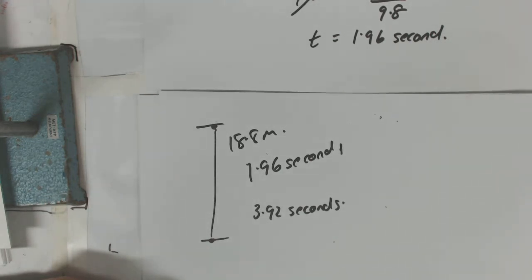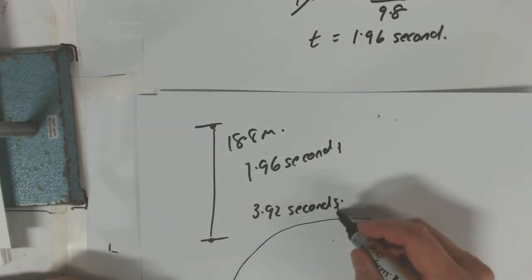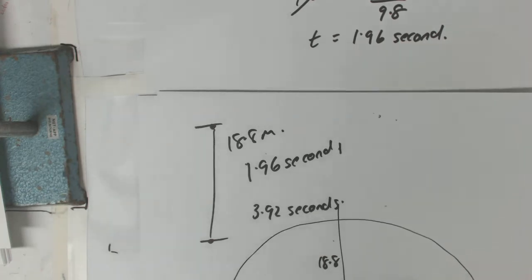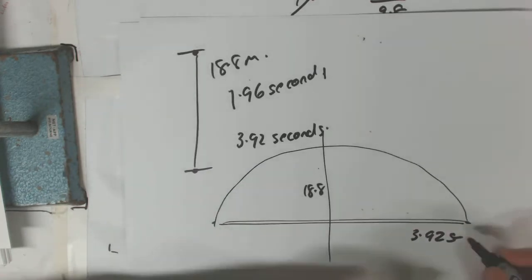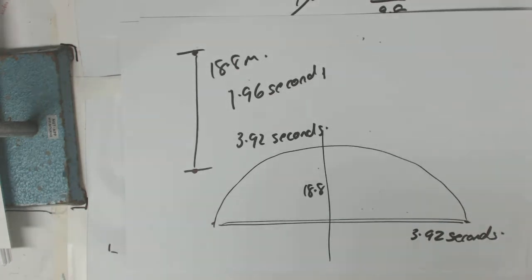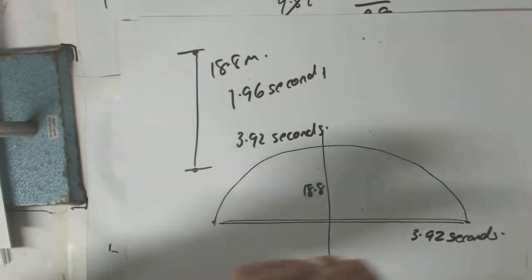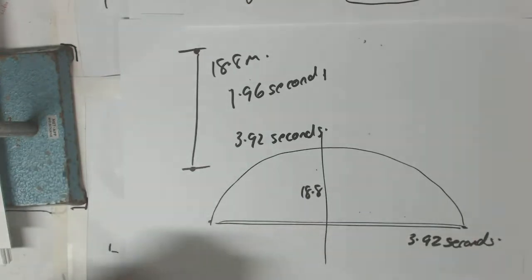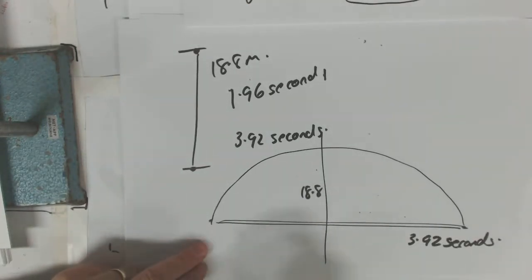So when you're looking at a projectile, we worked out that it went 18.8 meters up, and that its whole flight time was 3.92 seconds. So we need to go right back to our first sheet of paper where we worked out its horizontal speed. And we said its horizontal speed was 16.1 meters per second.